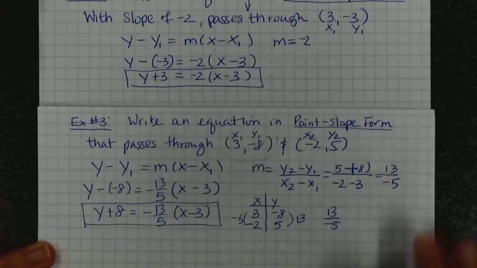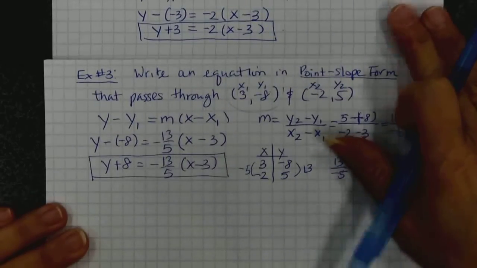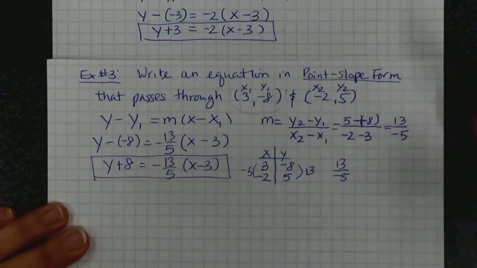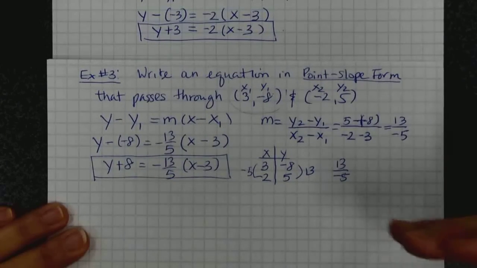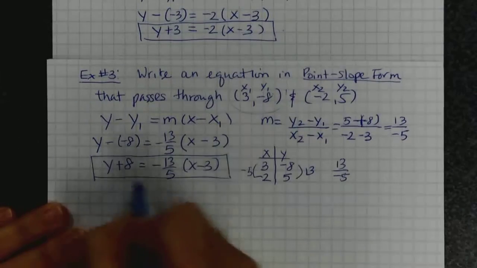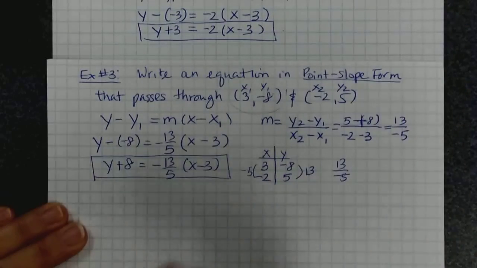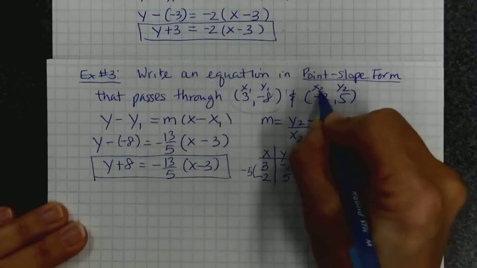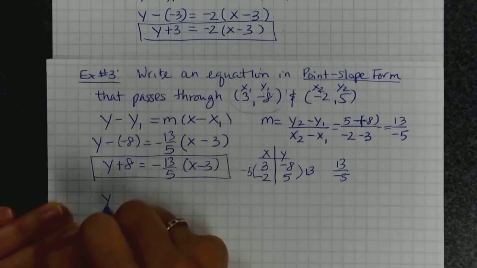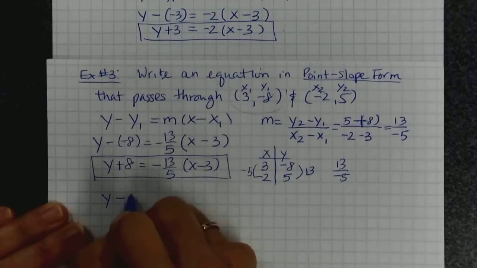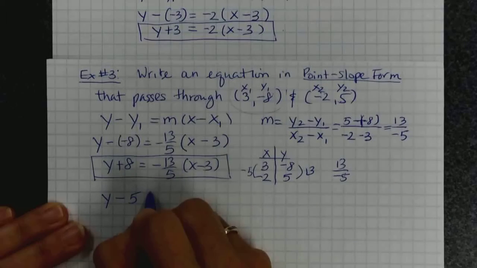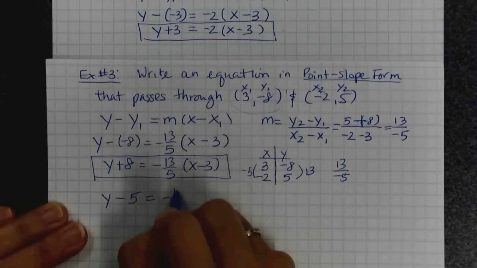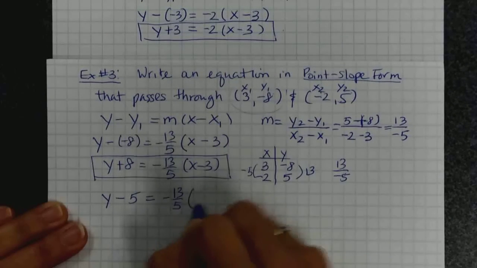And it's the same answer, it is the same line, even though it's 2 different points. You could pick either one and you still get the correct answer. So in this case, here's my x and y. So y minus y1, which is 5 if I use that point, equals the same slope, -13 over 5.